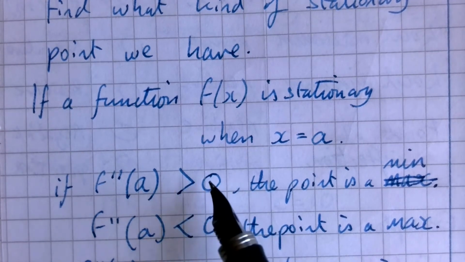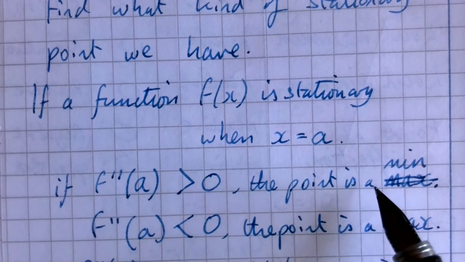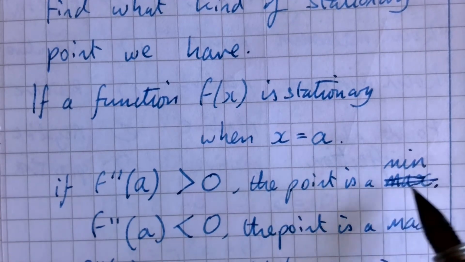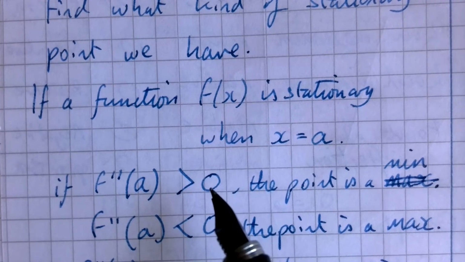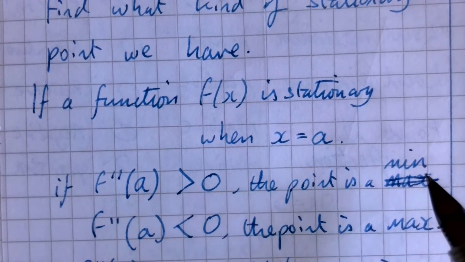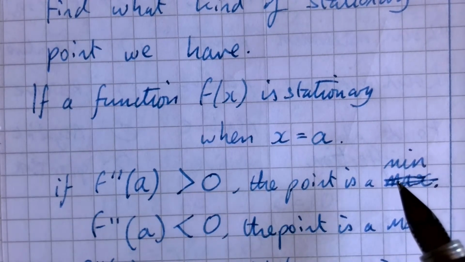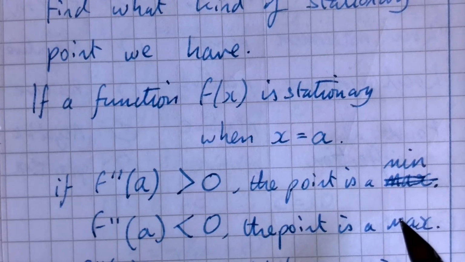If you get more than 0, and this is counterintuitive, it's a minimum. So if you get a positive answer, that means it's the minimum point, because it's always going to get bigger afterwards, either side of it.